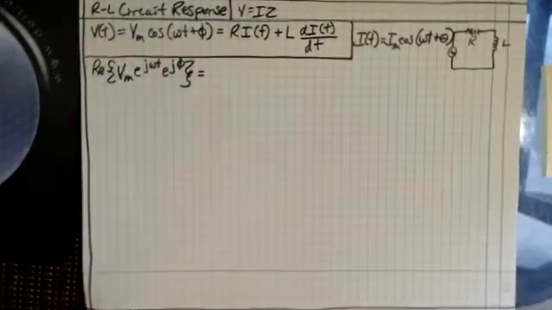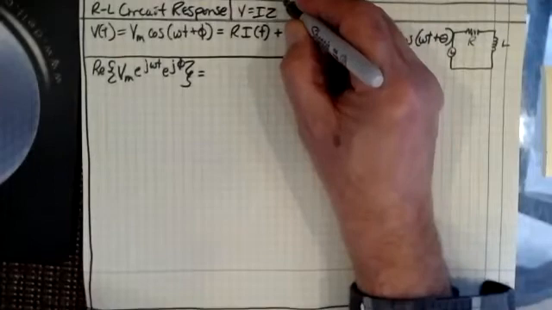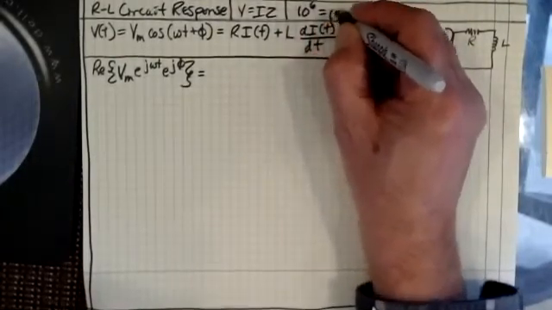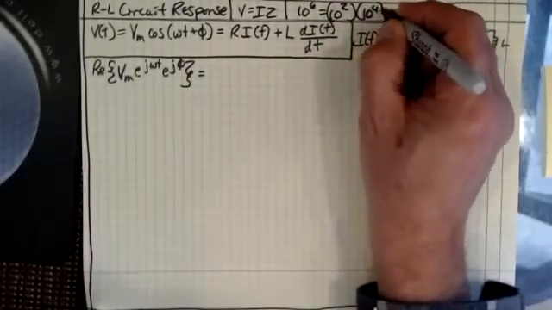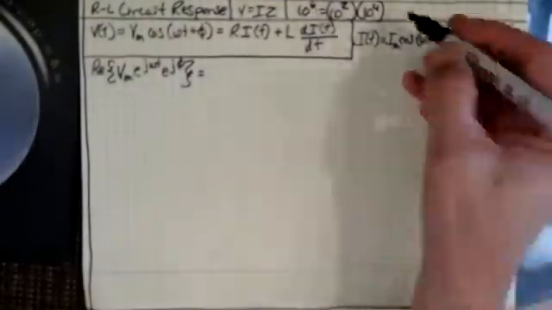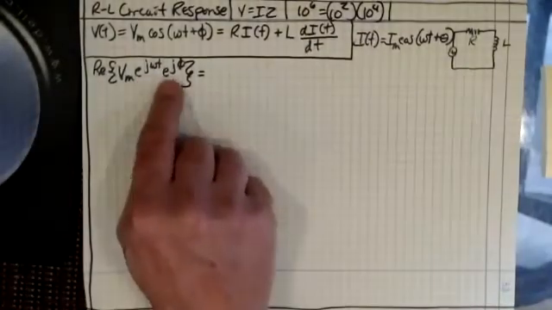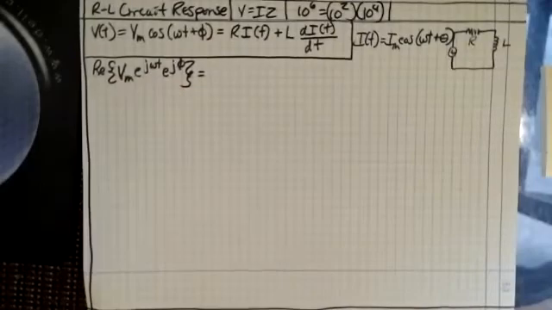For instance, if I had 10 to the 6, isn't that equal to 10 to the 2 times 10 to the 4? Isn't that how that works? 10 to the 2 times 10 to the 4 equals 10 to the 6? Yes. So all I've done here is I've just broken those two up because I can.